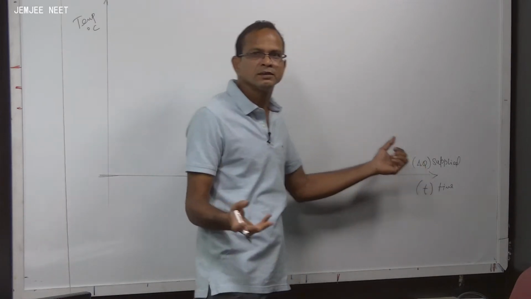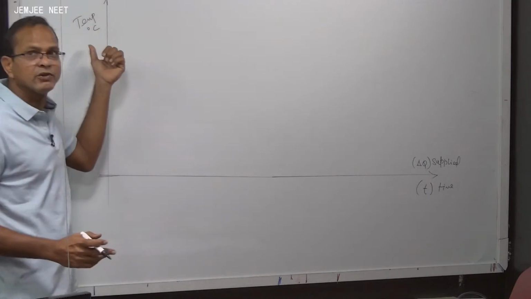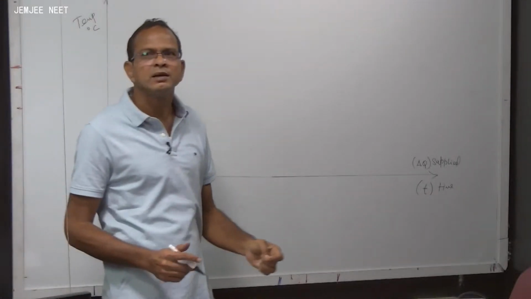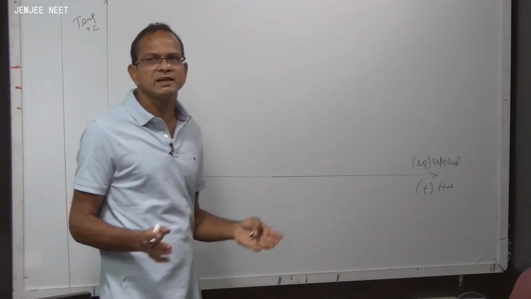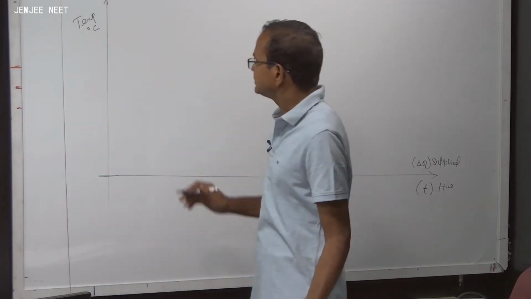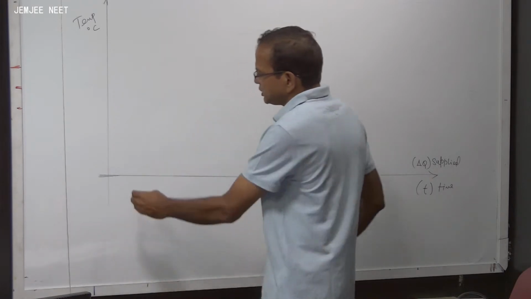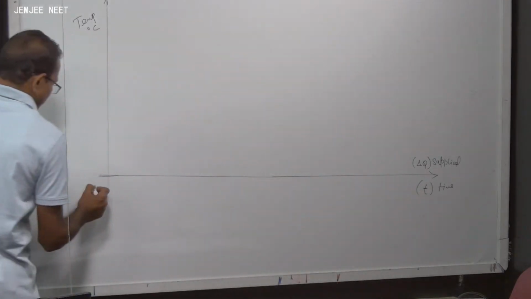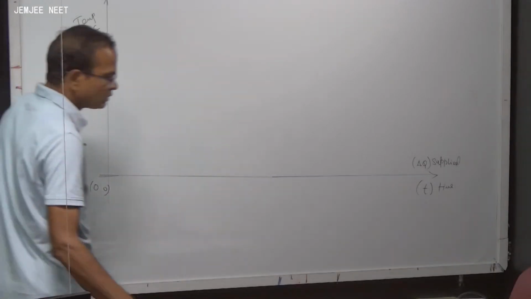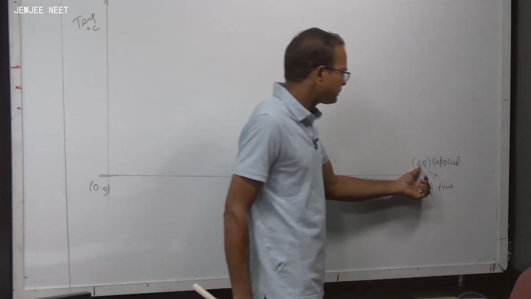We want to draw the graph between these. You put one thermometer inside that solid container. Now the solid is getting heated. Temperature increases, and your time is going to run non-stop. So this is 0,0. Your LPG stove keeps supplying heat.